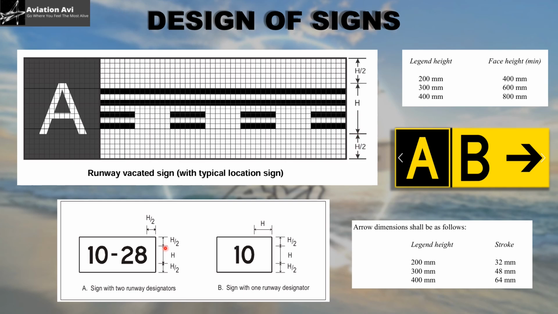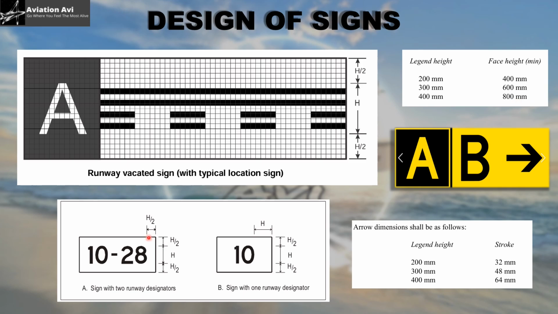Again here, let's say the height of the character 8 is 400 millimeter in case of a code 3 or 4 runway. In that case, the space on top is 200 millimeter and below is 200 millimeter. So the total height becomes 800 millimeter, as you can see here. Legend height 400 millimeter, the face height is 800 millimeter.